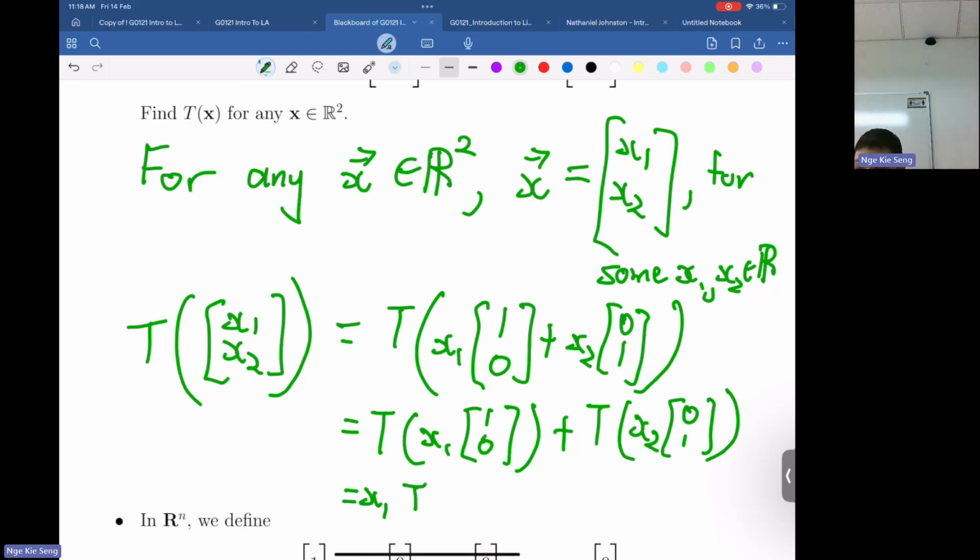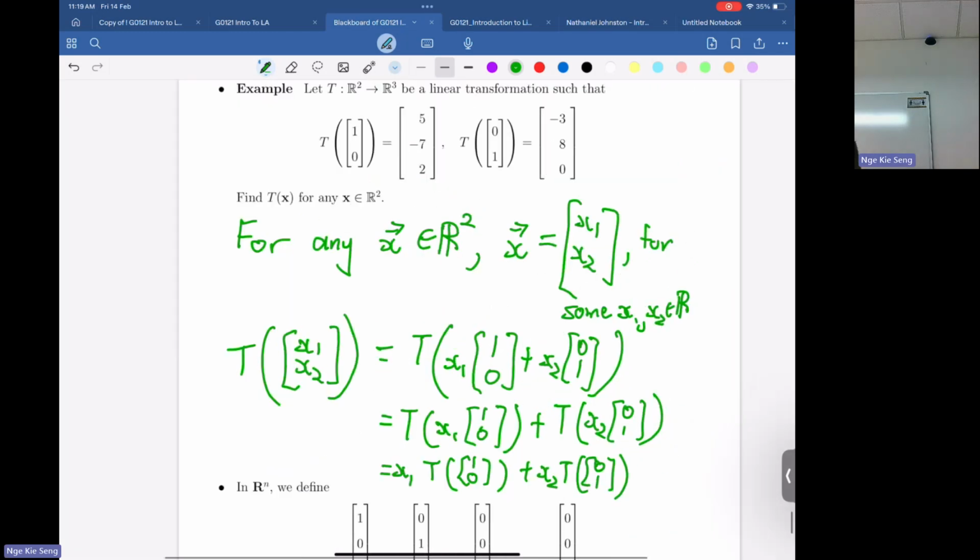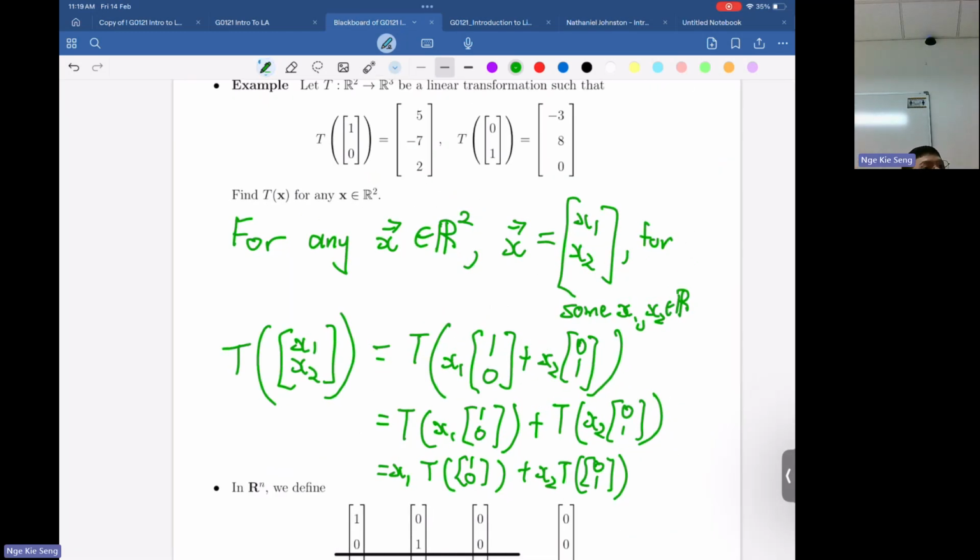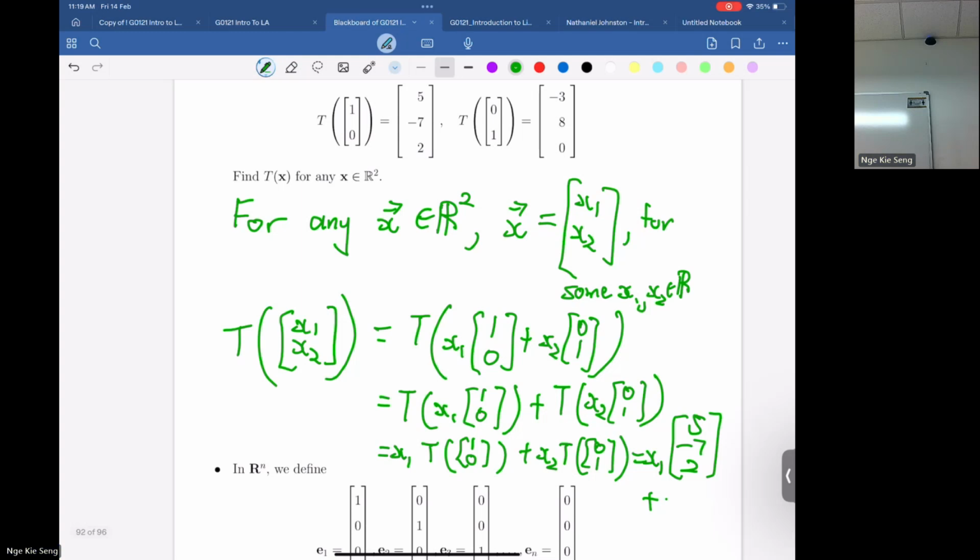T respects scalar multiplication. But what happens now? We know what T does to (1, 0), and we know what T does to (0, 1). So what are these? x1 times (5, -7, 2) plus x2 times (-3, 8, 0).